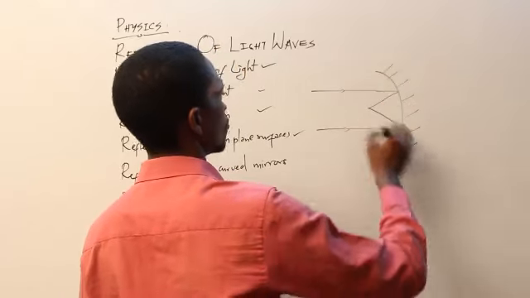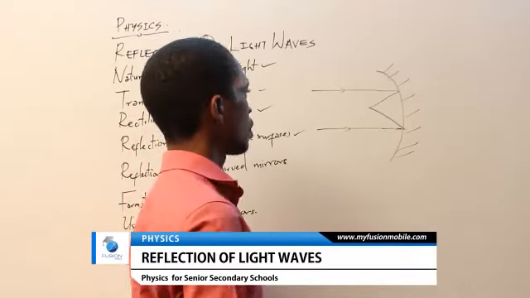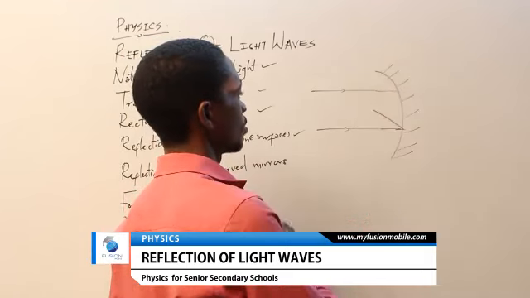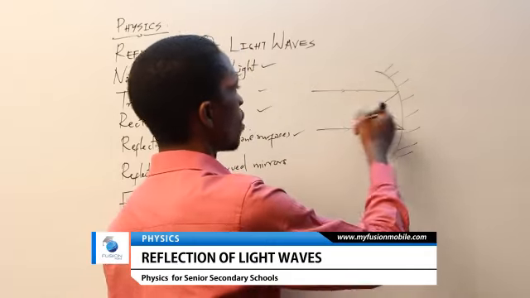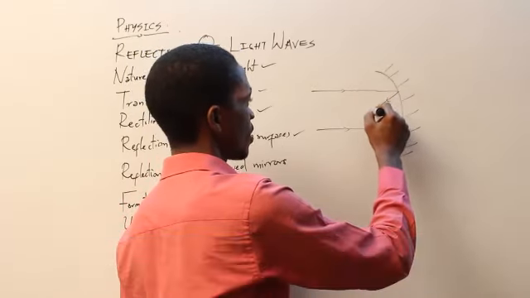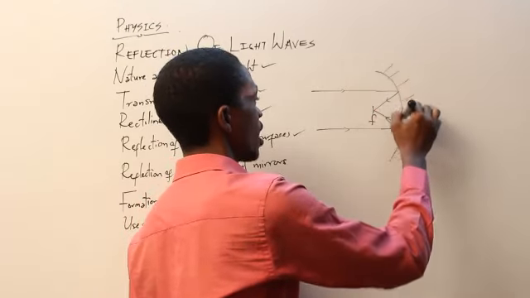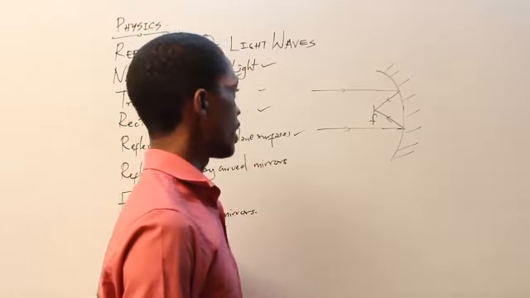Of course, nothing can be formed at the back of the mirror. Nothing can come up there. So it reflects the light back to a point. Now this particular location is our focal point. So the distance between here and the surface of the mirror is our focal length.